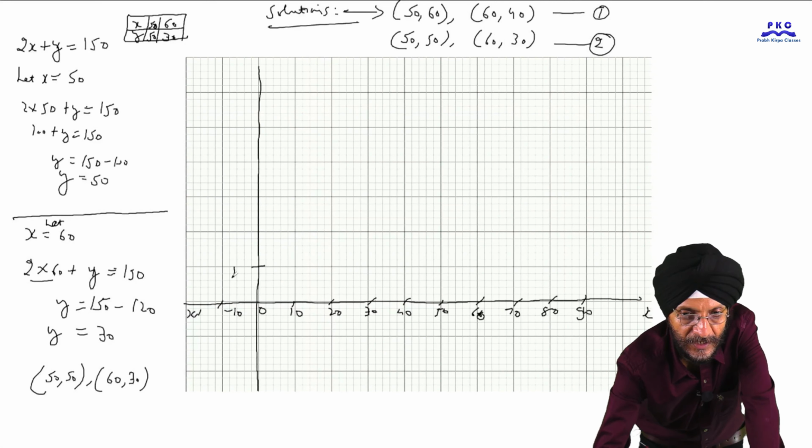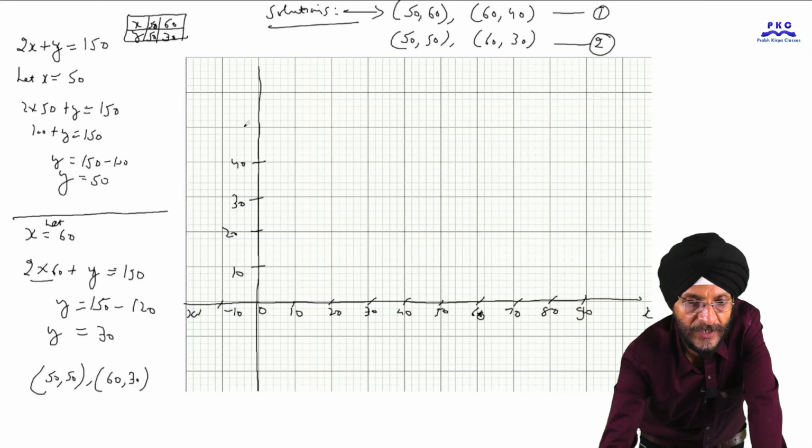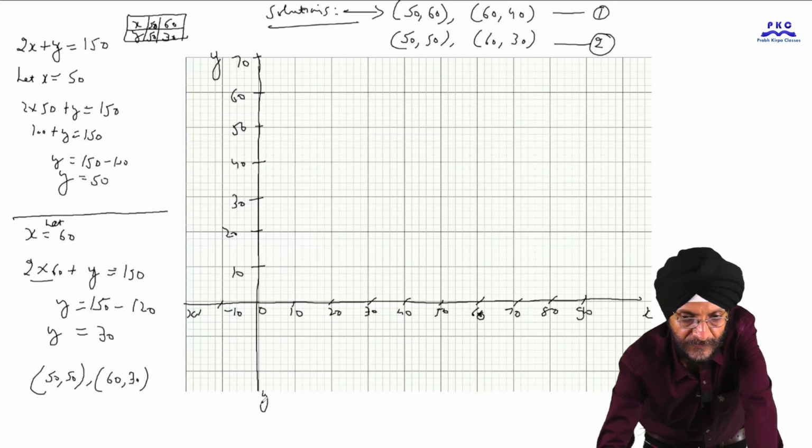Here we will write 10, 20, 30, 40, 50, 60, 70. This is the y-axis. Minus 10, minus 20.